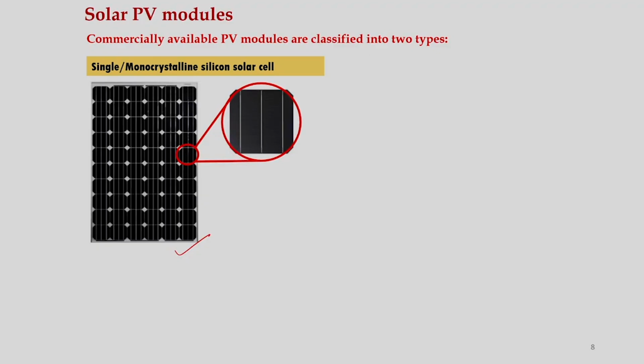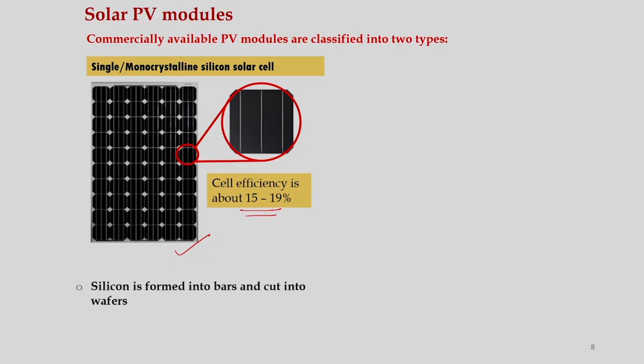We also studied the crystal structure and the conversion efficiency, which varies from 15 to 19% for monocrystalline silicon solar cells. This silicon is formed into bars and cut into wafers in the case of monocrystalline silicon solar cells.